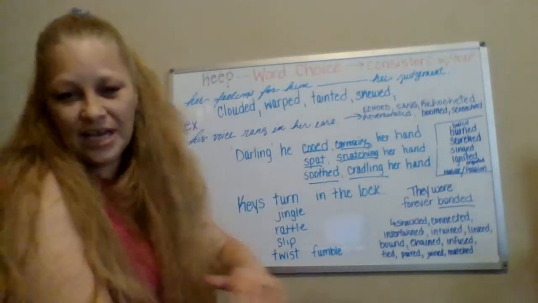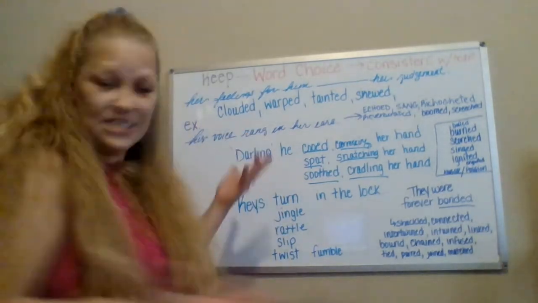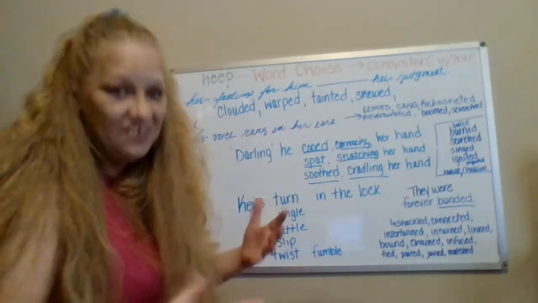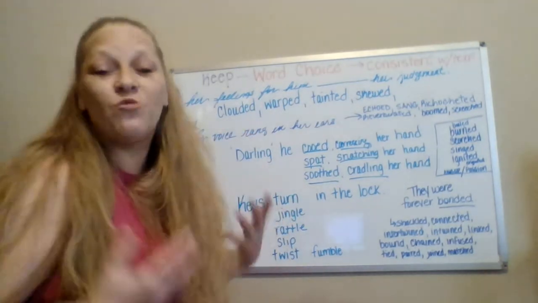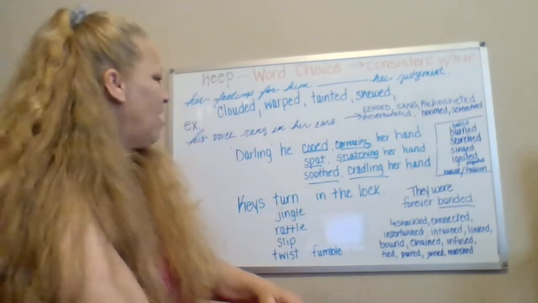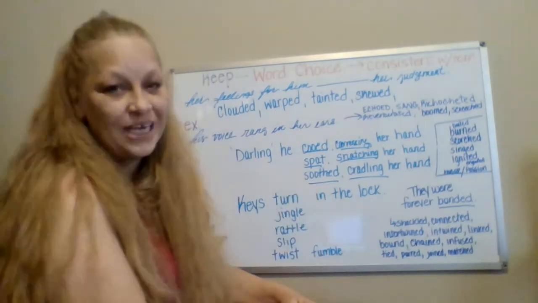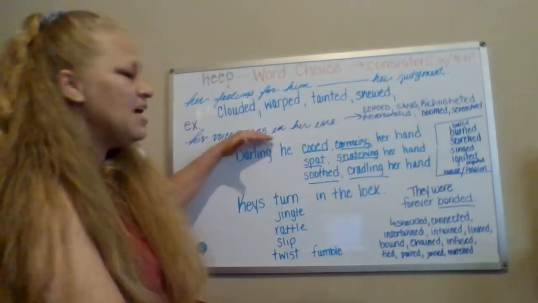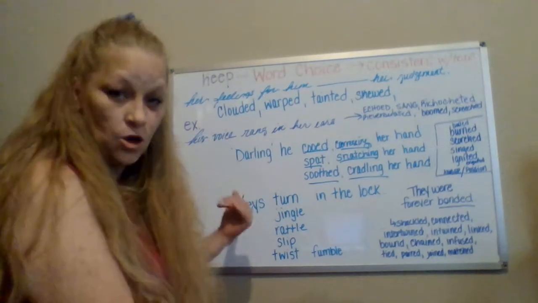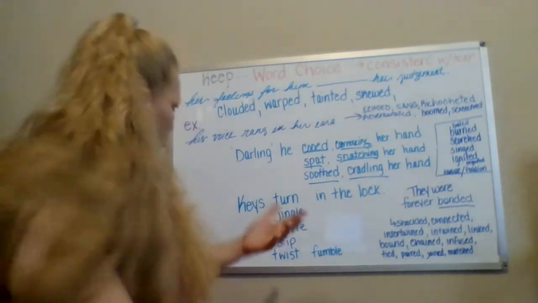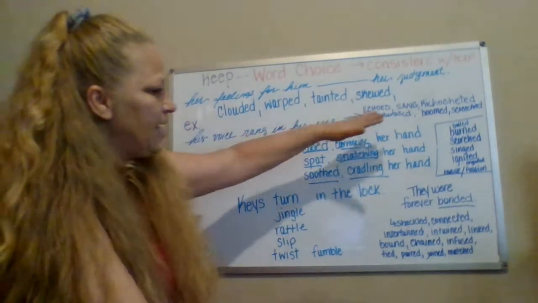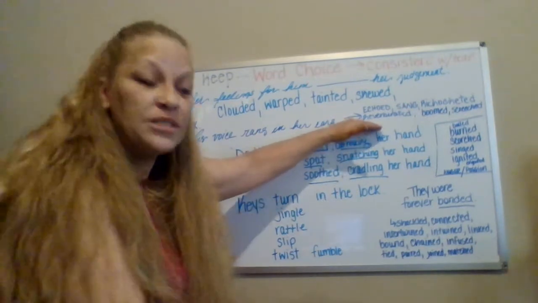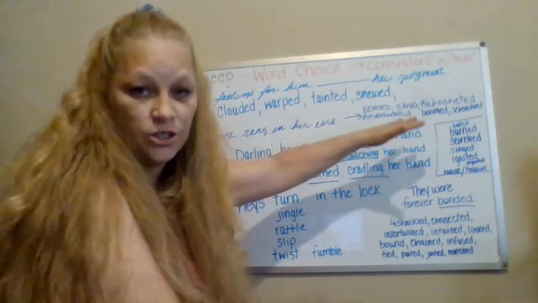"His voice rang in her ears." Now this sentence is fine on its own. However, rang, again, guys, is a little bit overdone, overused, almost to the point of being cliche. So what word could you put in place that would best reflect the tone or the mood or the genre? Let me give you a few examples here, and you will get very different connotations with each word choice.